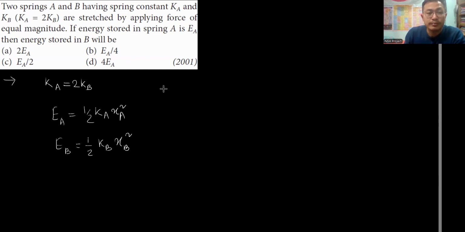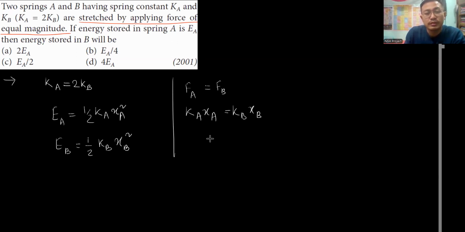Now since the springs are stretched by applying force of equal magnitude, Fa is equal to Fb. So Ka Xa equals Kb Xb, which gives Xa by Xb equals Kb by Ka. Eb by Ea is then Kb Xb square by Ka Xa square, which gives Kb by Ka, whole squared, times Ka by Kb, and so Kb by Ka.